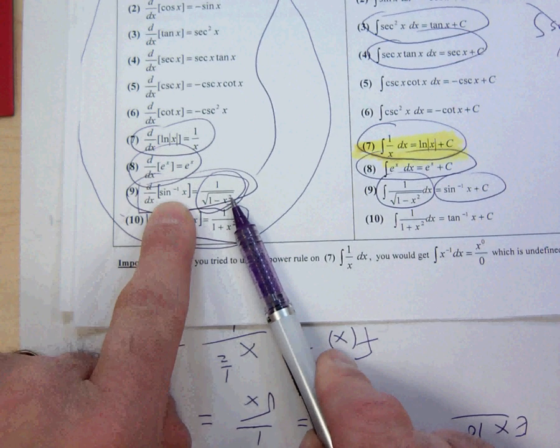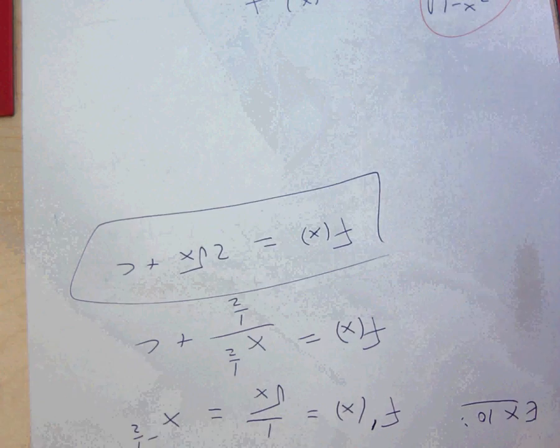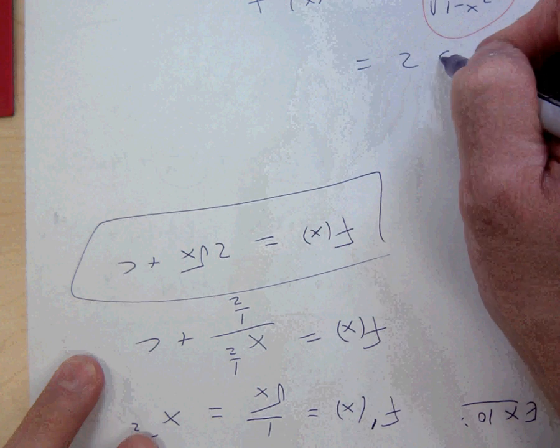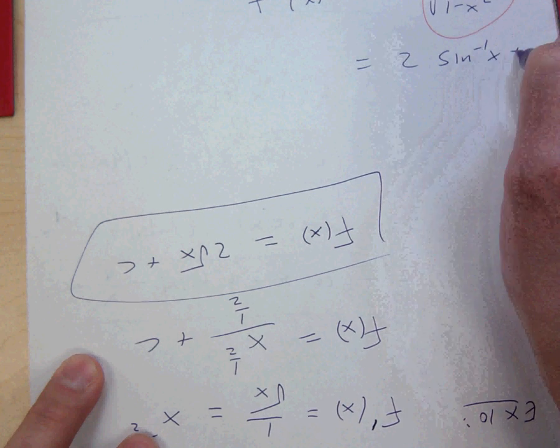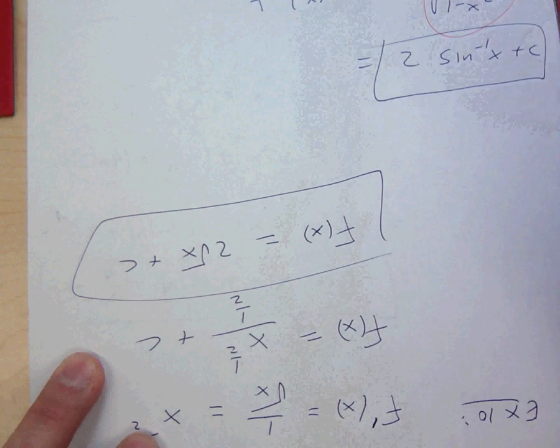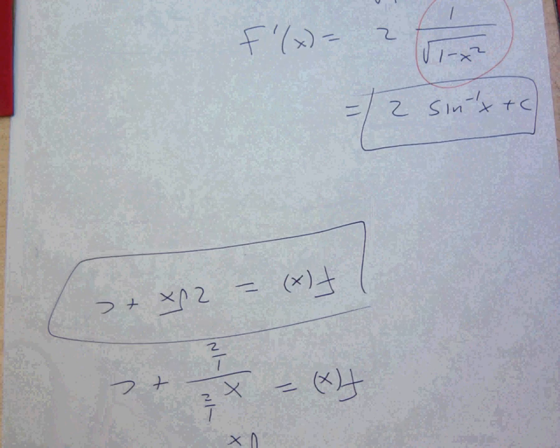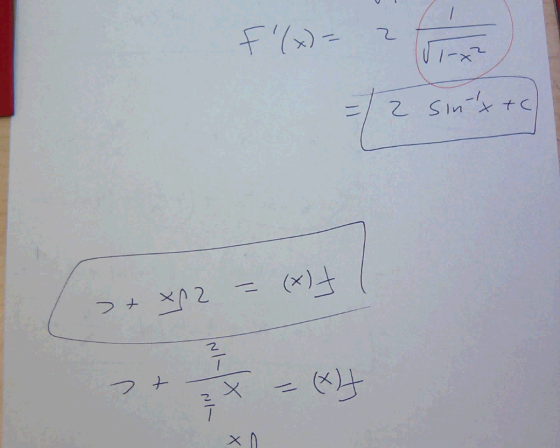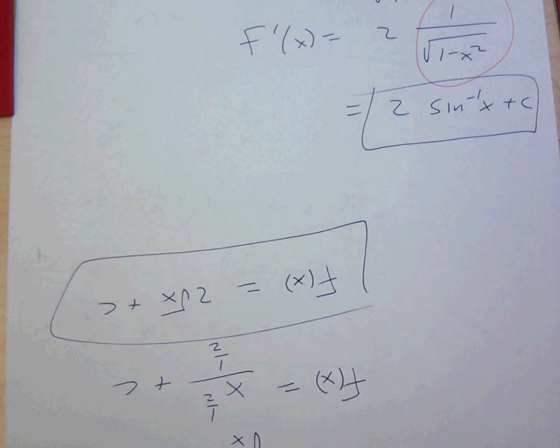Inverse sine, isn't it? And by the way, the constant just kind of stays there, right? Plus c. That's it. You didn't even do any work. It's just a derivative rule backwards, isn't it? No work required. Just a little memorization. All right, good. See, that one turned out to be easier than you thought, right?